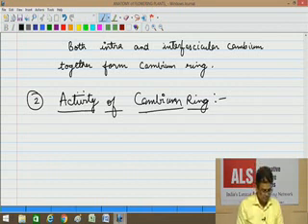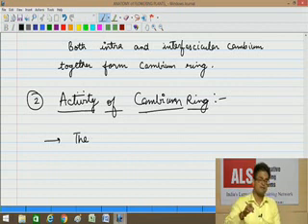You will now say the cambium ring now becomes active. Earlier it was inactive. Earlier cambium was inactive. When it forms cambium ring, then only it becomes active. Otherwise it is not active.